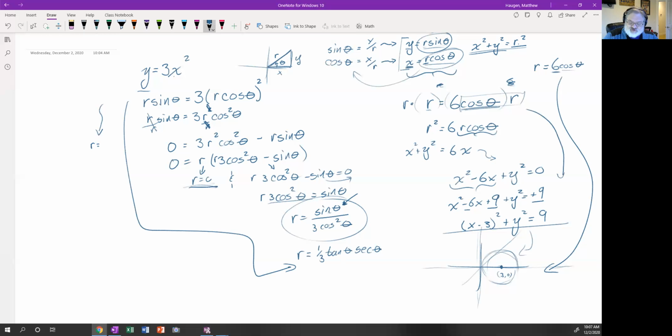Usually will be things like circles, fairly nice objects, because we have to be creative in how we build our r sine thetas and r cosine thetas. Going the other direction is usually more straightforward because you just directly substitute, but the solving can be a little bit more hairy.